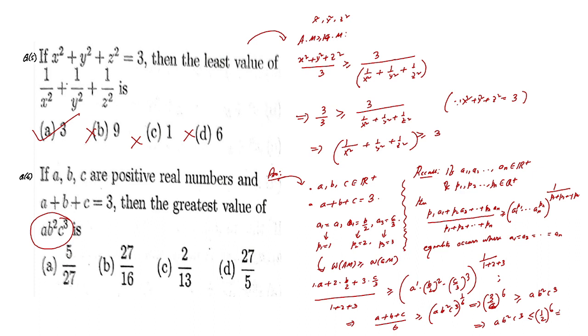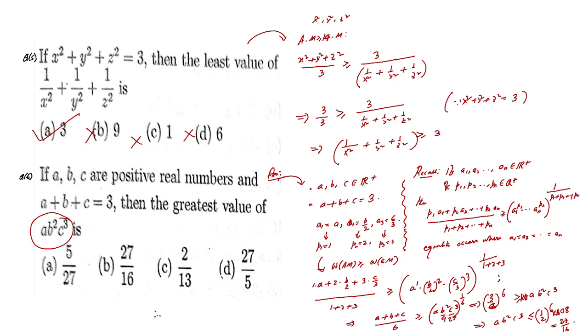So 1 by 2 to the power 6. And here we just missed b square by 4 and c cube by 27. So this is 108 into 108.